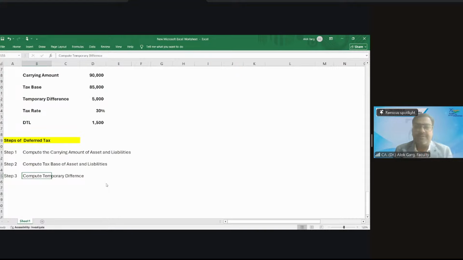This temporary difference could be of 2 types. It could be taxable temporary difference, and it could be deductible temporary difference.